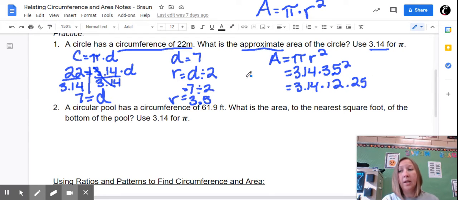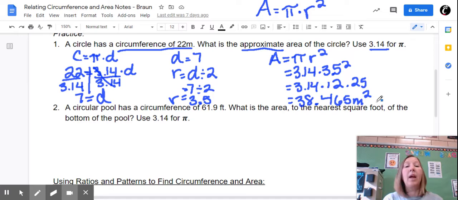When I multiply, I get the answer 38.465. And remember to include your units, so that is going to be meters squared. So I started with circumference and I ended up with area. I took circumference to find my diameter, changed my diameter to radius, and then used radius to find my area.